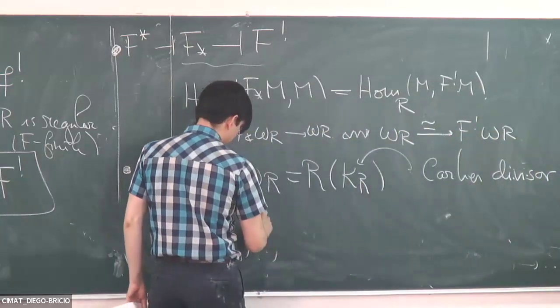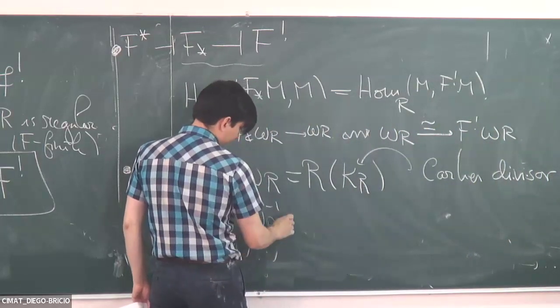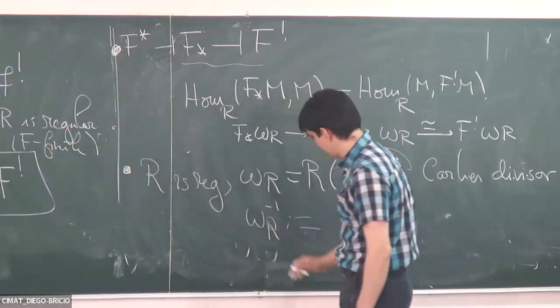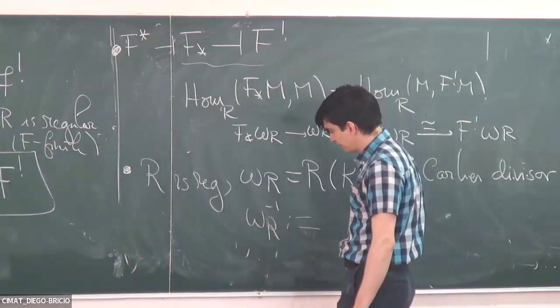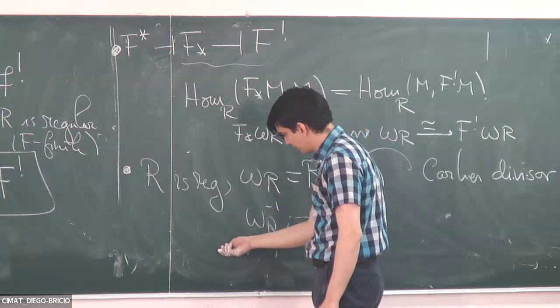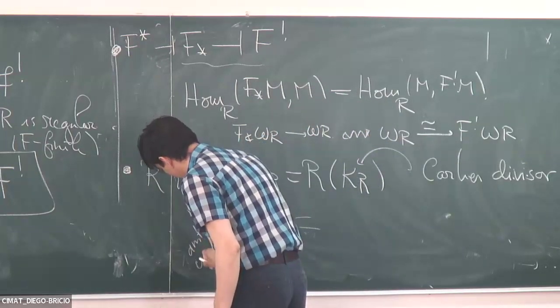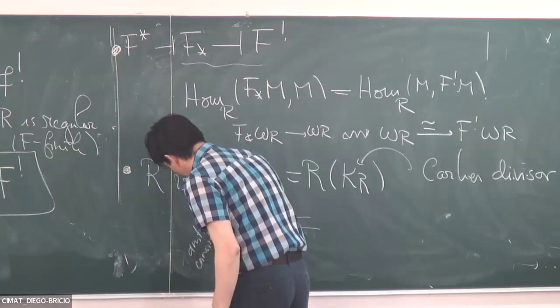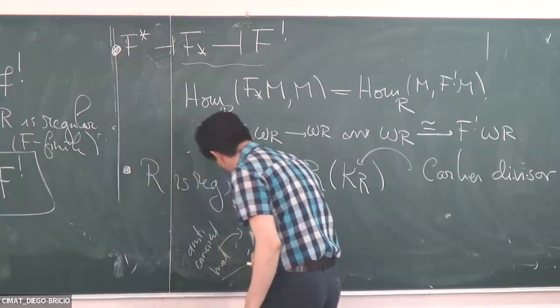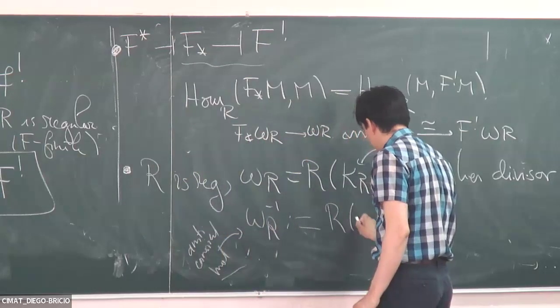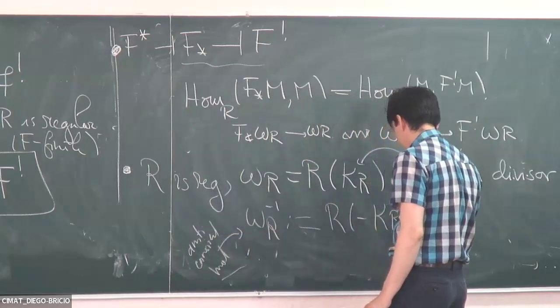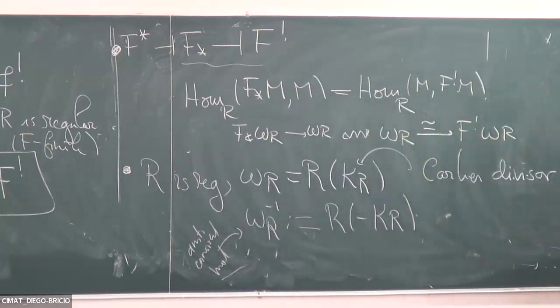So I'm going to write the inverse of the canonical divisor. The canonical module is often referred to as the anti-canonical. This is the anti-canonical module. It's by definition R negative K. This is how I'm going to write it.